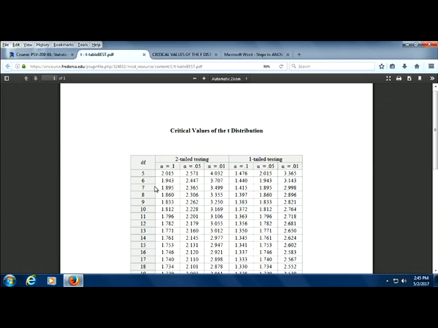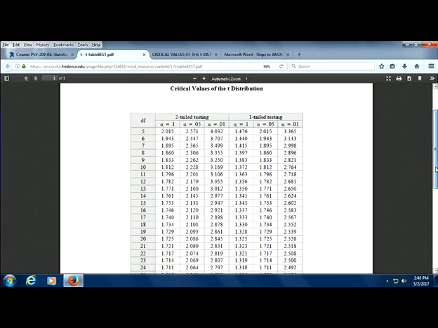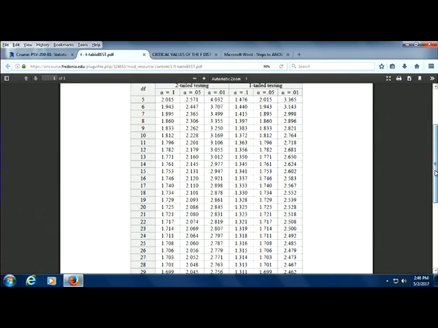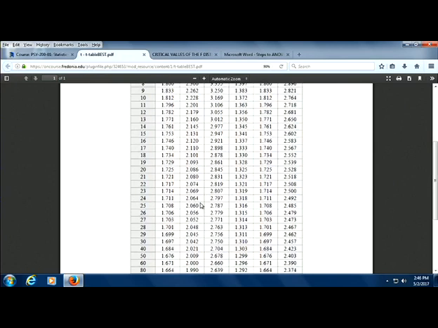It's always going to be two-tailed because an F test is always two-tailed. So we've got two-tailed, alpha equals 0.05 with 24 degrees of freedom, which is 2.064. And it's just the absolute value, 2.064, so it's not going to be positive or negative.